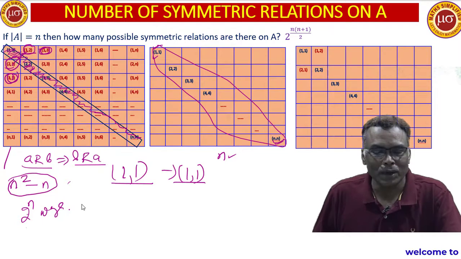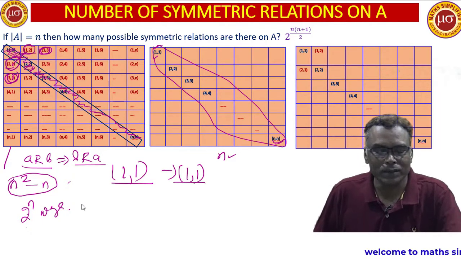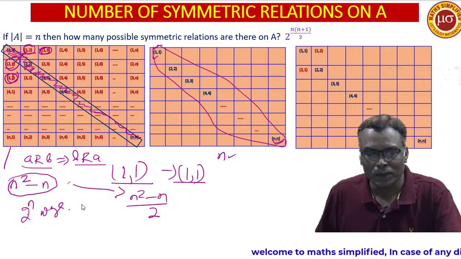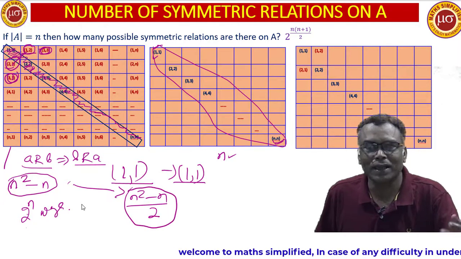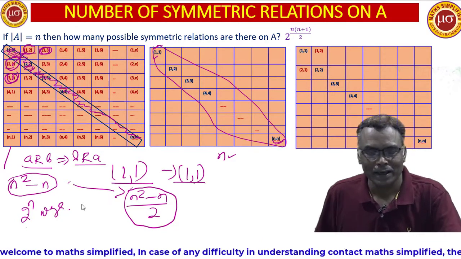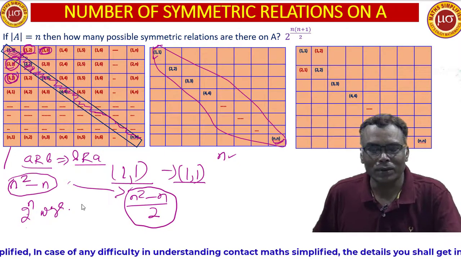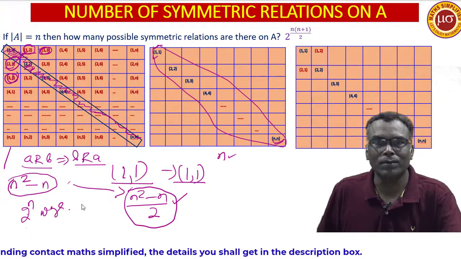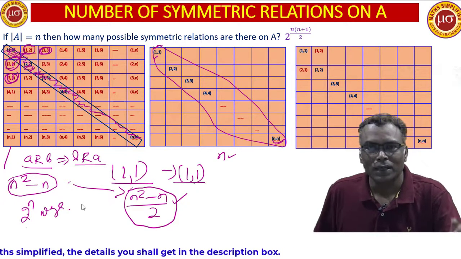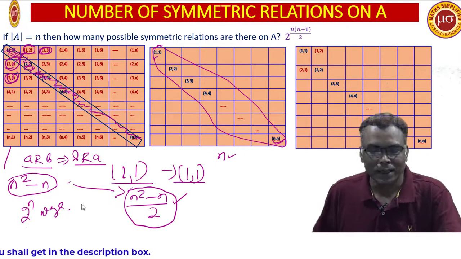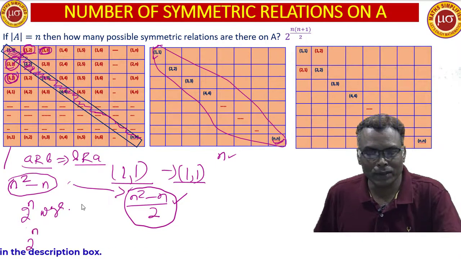So number of elements I shall take out of n square minus n is (n square minus n) by 2. इनसे आधा ले लेंगे तो दूसरा हिस्सा, जो फ्रेंड्स हैं, वो साथ में चले जाएंगे. Therefore, I will have to consider these (n square minus n) by 2 elements instead of n square minus n elements. So they can be taken or left. उनको लेने से चलेगा, नहीं लेने से चलेगा. That can be done in 2 to the power (n square minus n) by 2 ways.